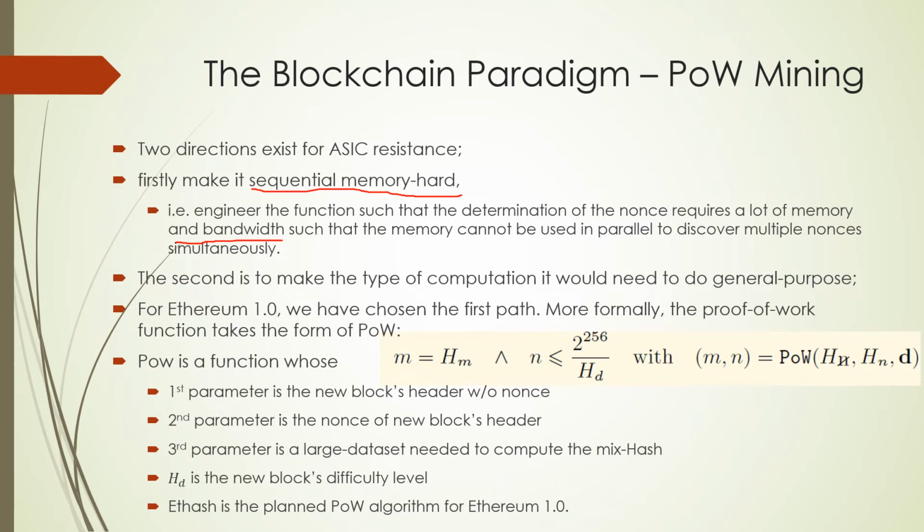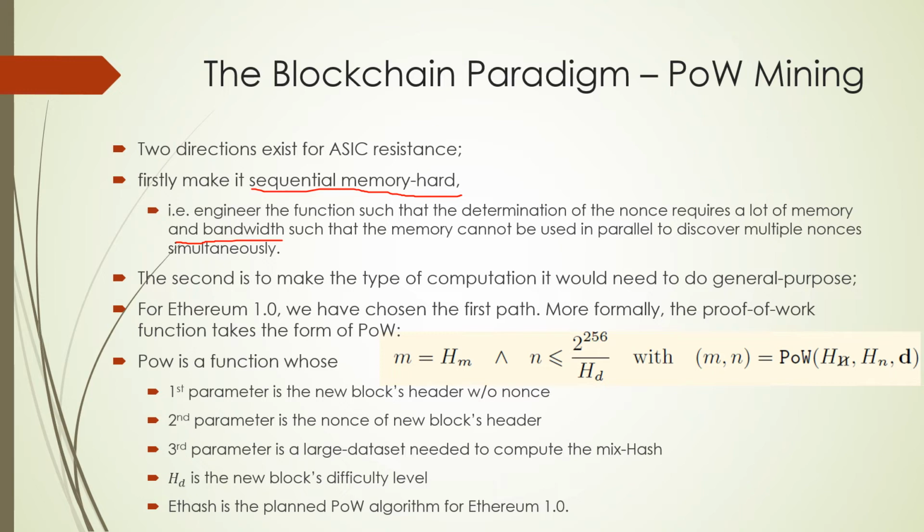And the second way of creating an ASIC-resistant proof of work is to make the type of computation in the proof of work function in a way that it requires general purpose hardware, and it cannot be executed on an application-specific IC or integrated circuit.